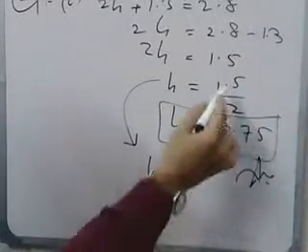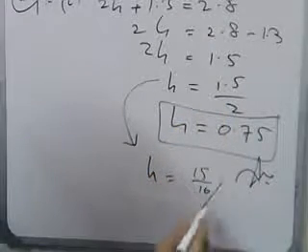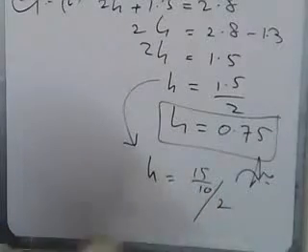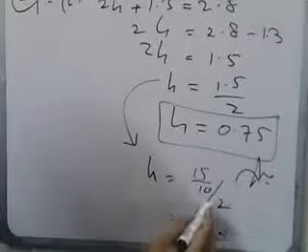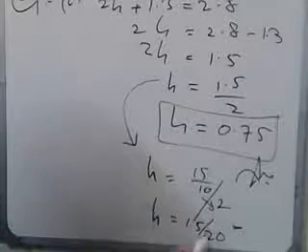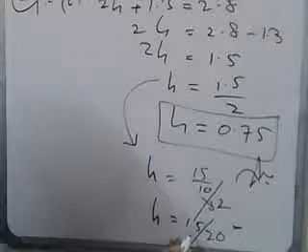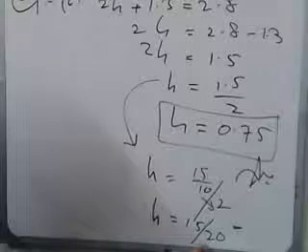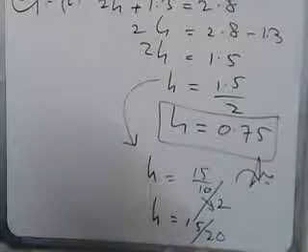Or if you don't want to get the result in decimal form, so you can see here the value of h is, remove the decimal, so it is your 15 by 10 by 100 by 10 by 2, 15 by 10 by 2, so you will get 15 by 20, because these two terms will be multiplied with each other according to the method. So again you can see that 15 by 20, if it can be simplified, then it's okay, otherwise it is your result.